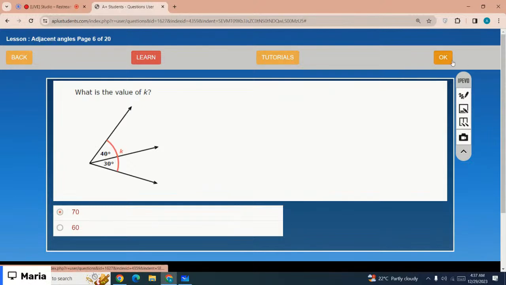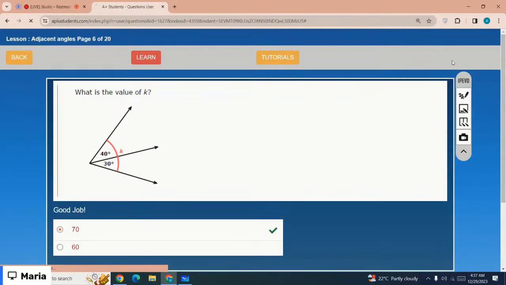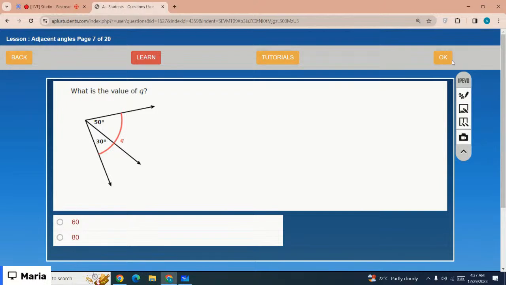Option 1 is the correct option. What is the value of q, which is the correct option? The correct option is 80 degrees.